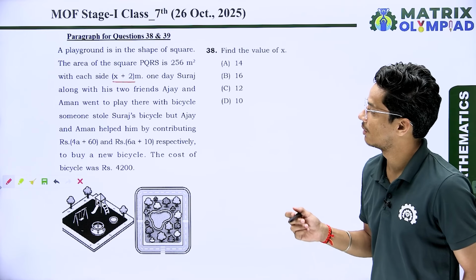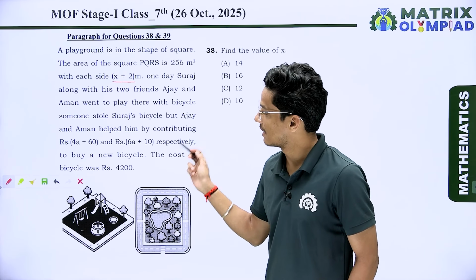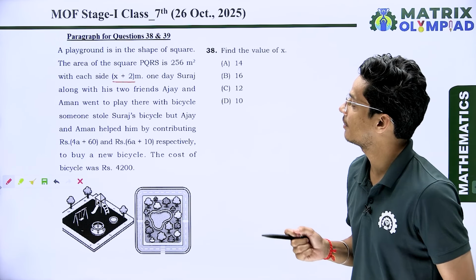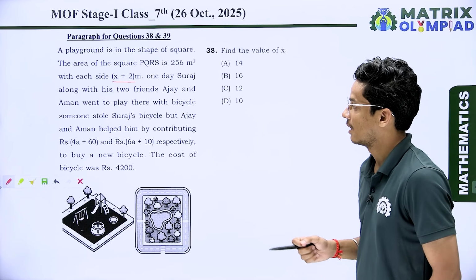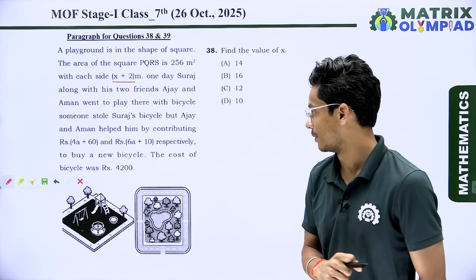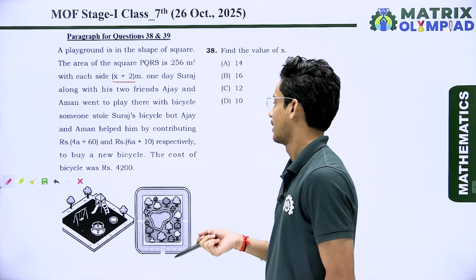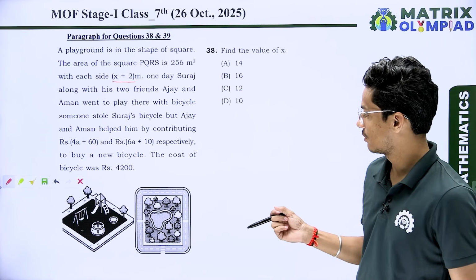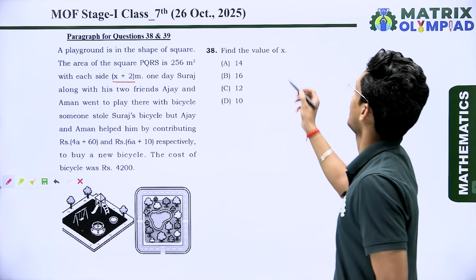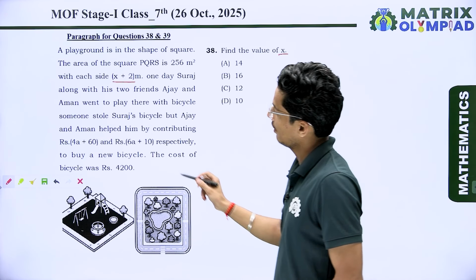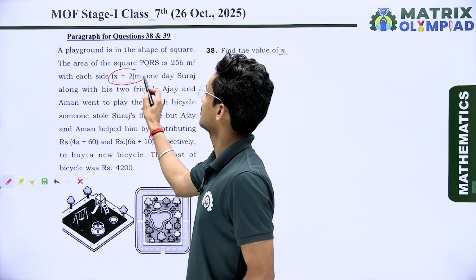Someone stole Suraj's bicycle, but Ajay and Aman helped him by contributing rupees 4a plus 60 and rupees 6a plus 10 respectively to buy a new bicycle, and the cost of the bicycle was rupees 4200. The question is to find the value of x.